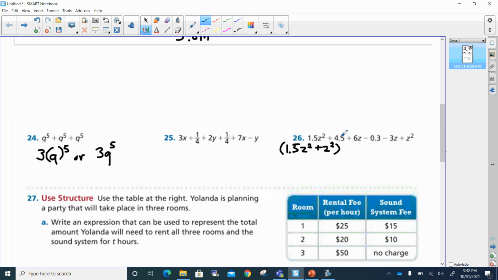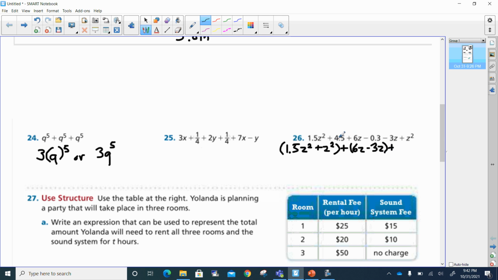Next, I'm going to find my regular z's. There's a 6z here. And there's a minus 3z here. I don't see any others, so we'll leave these alone.